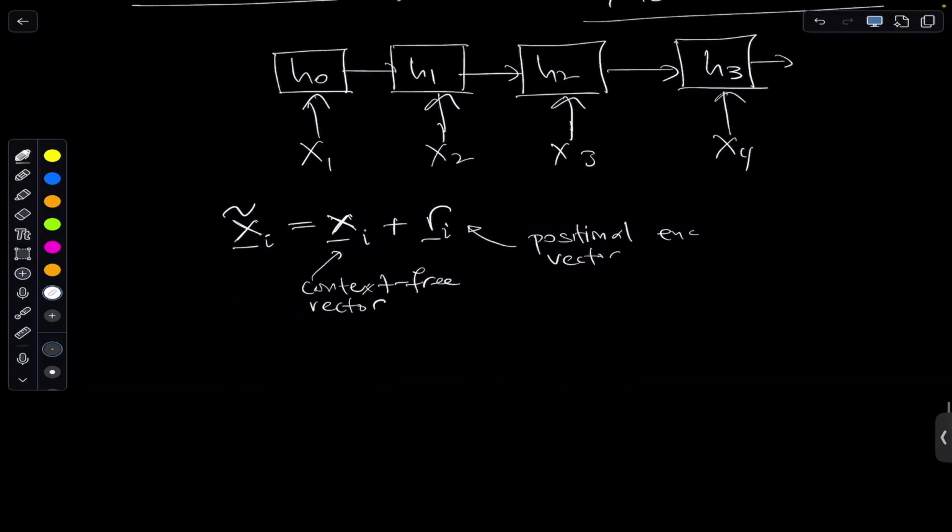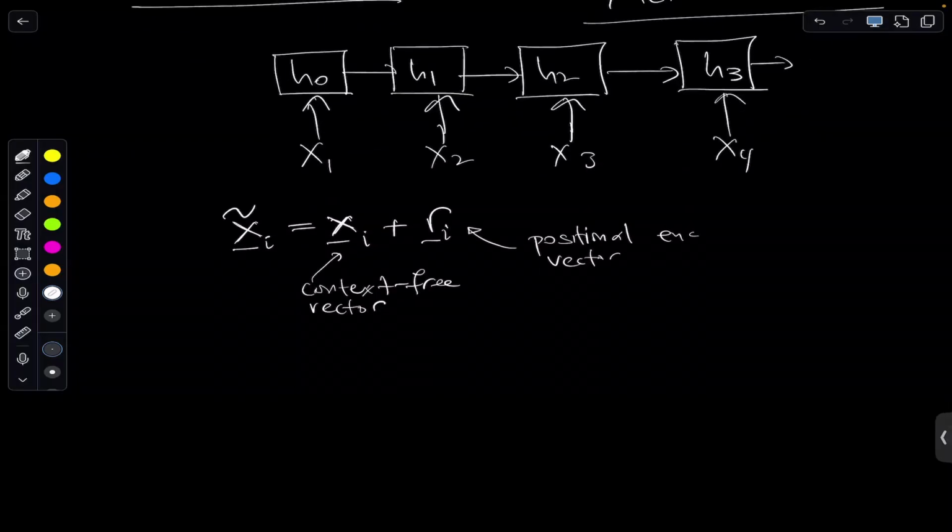And we can ask the question why we are adding into the context-free vector. Are we not going to distort it by this addition? As we will see, we take care for our positional encoding vectors to not have large amplitudes. That's point number one.